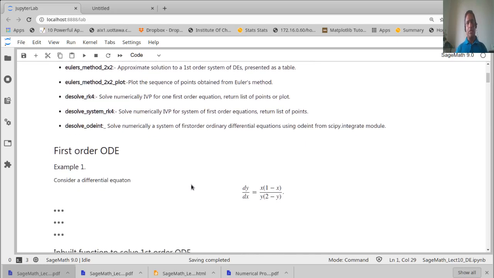So let us look at an example. Suppose we want to solve dy/dx = x(1 - x) / (y(2 - y)). This is what we want to solve. Now suppose the solution is y(x), given implicitly in terms of x.